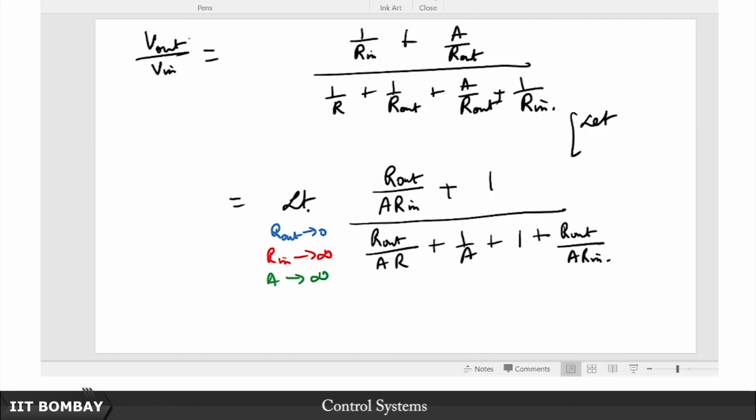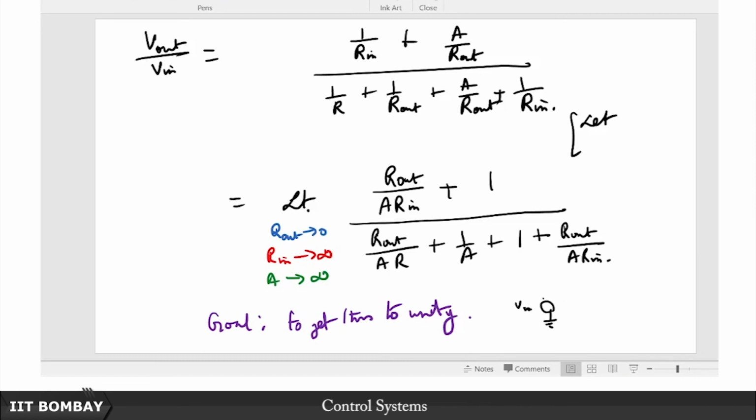Our goal is to get this to be unity, and you see which one helps you the most there. You will see that A going to infinity is one of the most crucial factors that helps you in getting there.